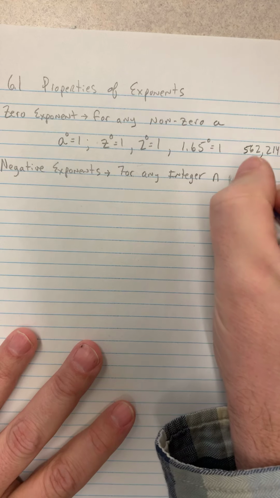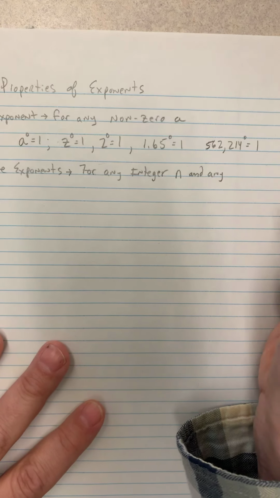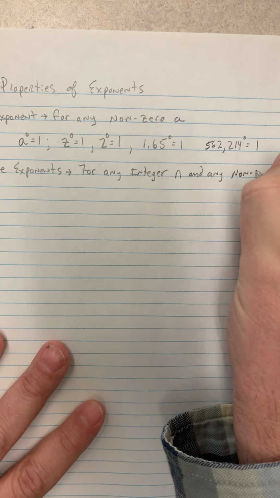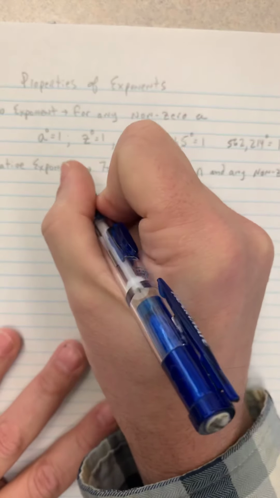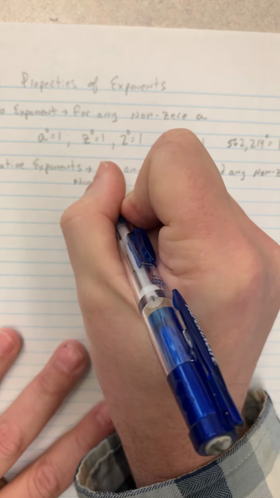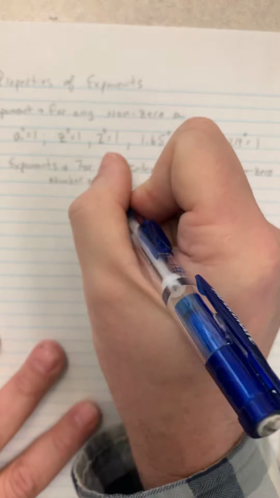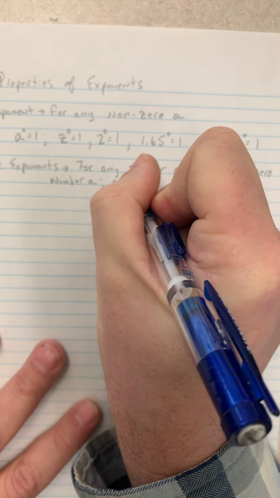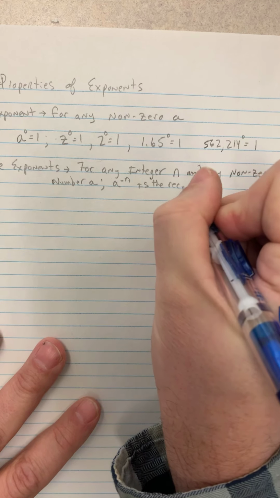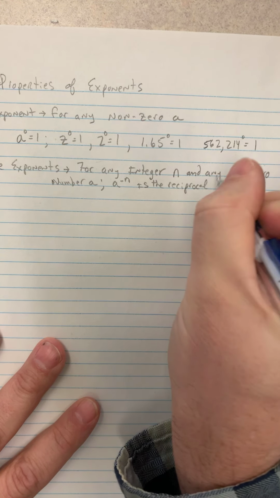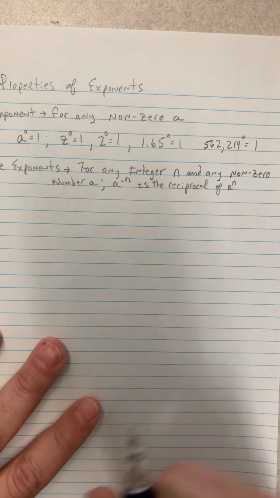So for any integer n and any non-zero number a, a to the negative n is the reciprocal of a to the n power.